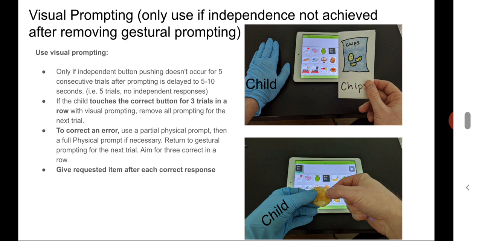So they say they want food and they want to eat chips. So they could go to the food category and then touch a button that says I want, and then one that says to eat, and then one that says chips. So that's the long-term goal, putting that all together and creating more complex messages over time.